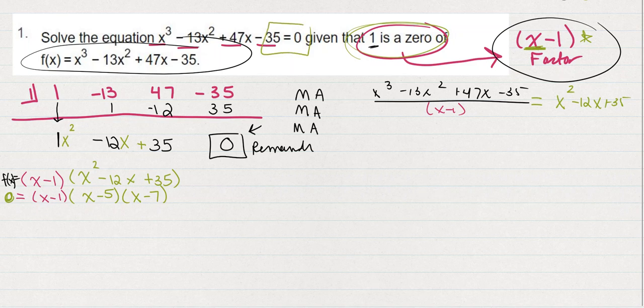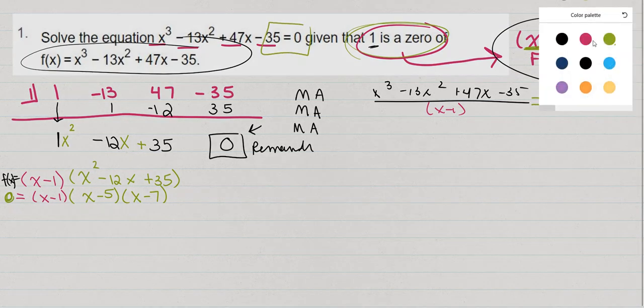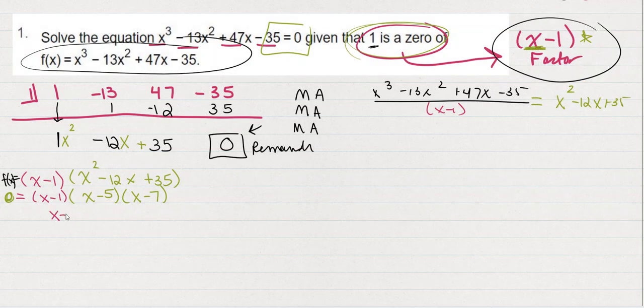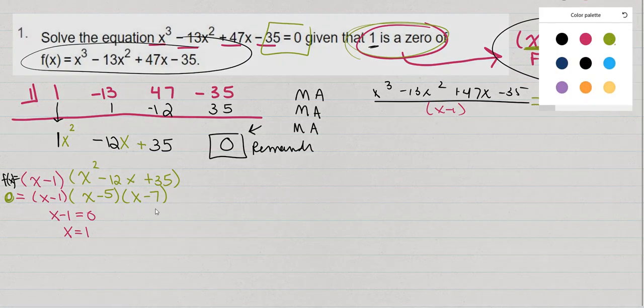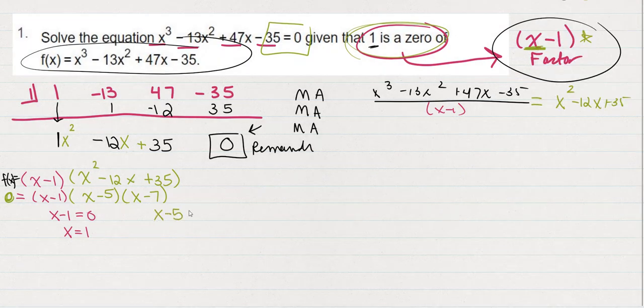When I set this to 0, I can now say that the three solutions are when x minus 1 is 0, x is 1. We already knew that one. If I set x minus 5 to 0 and add 5 to both sides, I'd get that x is 5.